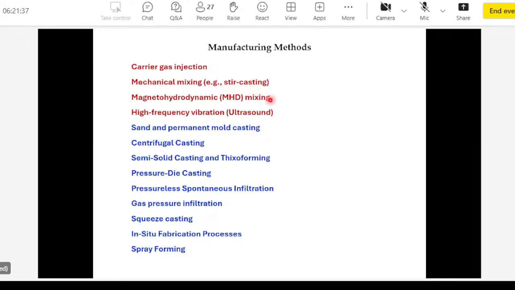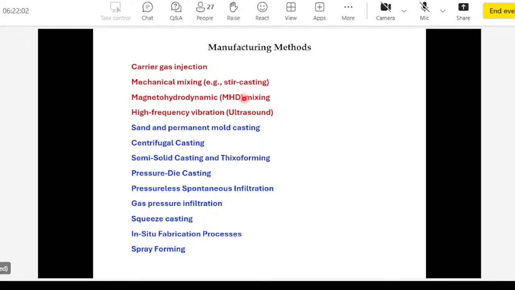But mechanical mixing can be done. The problem with mechanical mixing is that even with a ceramic coating on the stirrer, slowly the stirrer will dissolve and contaminate the molten metal. So quite often people use MHD, magnetohydrodynamic stirring, something like a simple induction furnace, where a magnetic field creates eddy currents in the metal, and that creates circular motion.